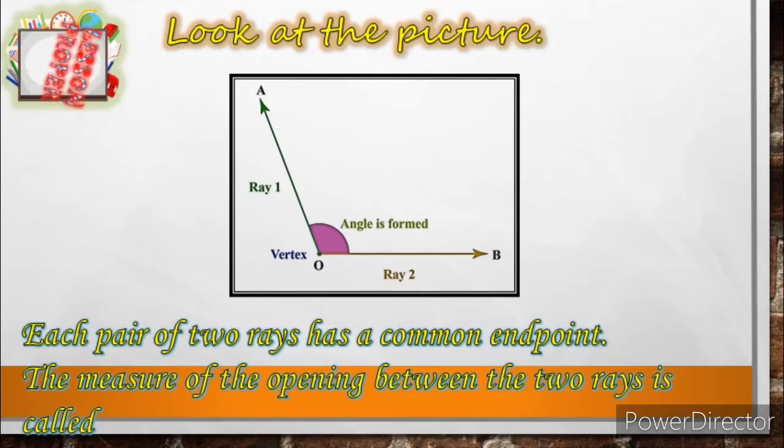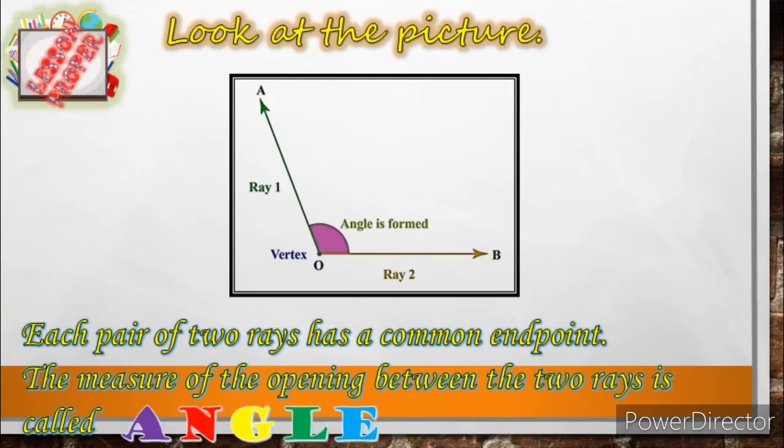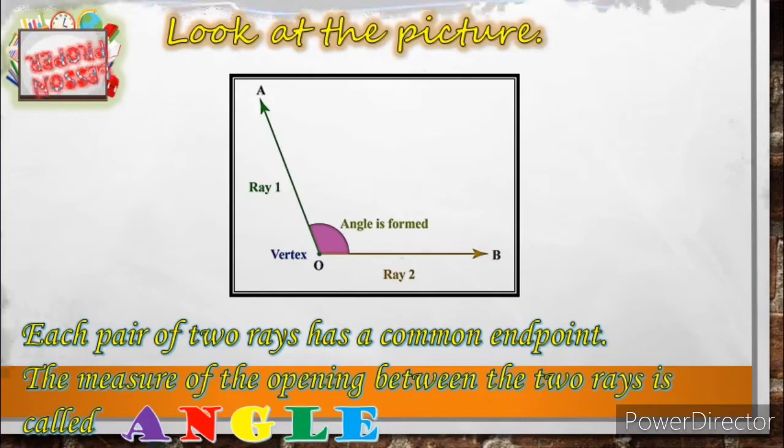The measure of the opening between the two rays is what we call an angle. The purple one in the figure is what we call an angle. This is the measure of the opening between the two rays, which are ray 1 and ray 2.